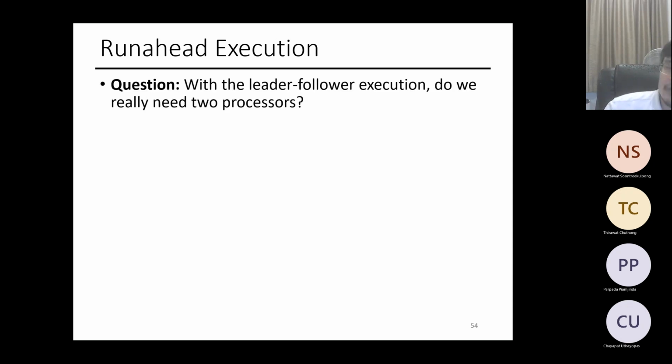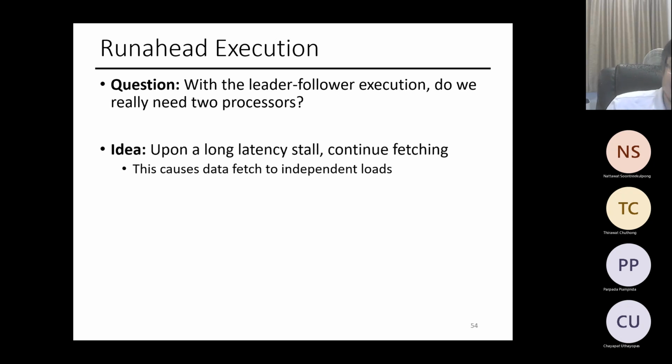So the question is, if you look at leader-follower execution, you don't really need two processors, because when you have a long latency, like when you have a stall, you have to wait for a load or store to finish, right? The CPU is doing nothing, so you can continue fetching.